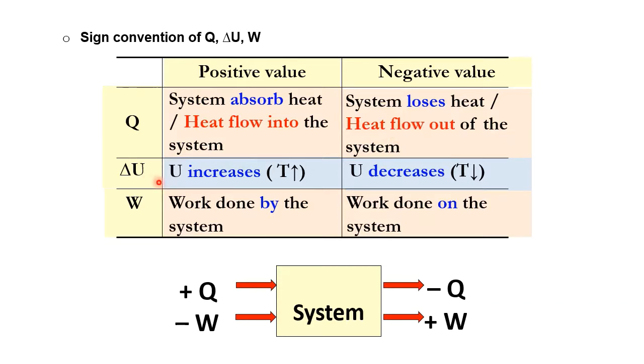For delta U, when the internal energy increases, meaning the temperature of the system increases, we use the positive sign. When the internal energy of the system decreases, meaning the temperature decreases, we use the negative sign. Last one, work. If the work is done by the system, we use the positive sign, and if work is done on the system, we use the negative sign.